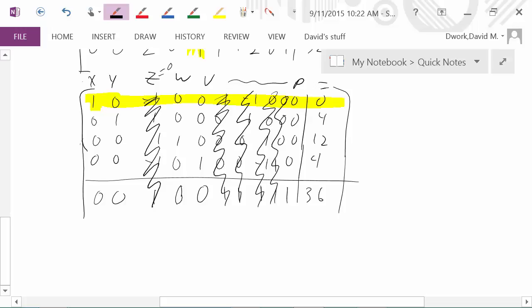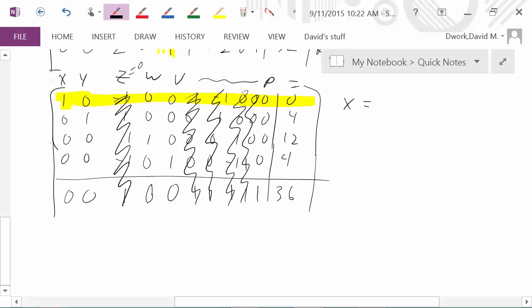Okay, so now we can read across our row that I highlighted in yellow, and what is it saying to us? It's really saying x plus 0y plus 0w plus 0v, so we really don't need any of that. What we're getting here is x is equal to 0. Perfect. Now for our y's.